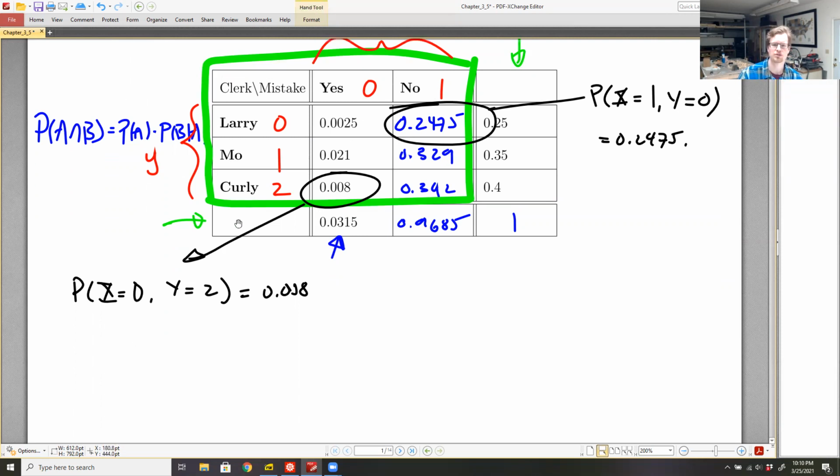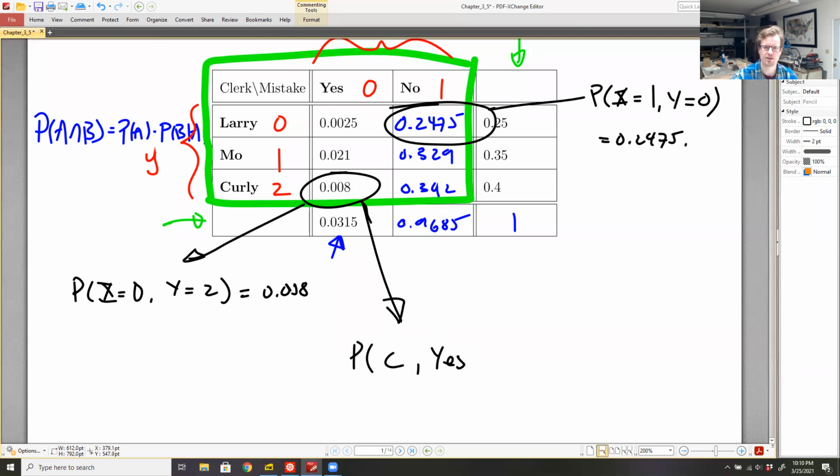If we wanted to, we could also think of this as the probability that the event Curly occurs and the event yes occurs. These are the same thing.